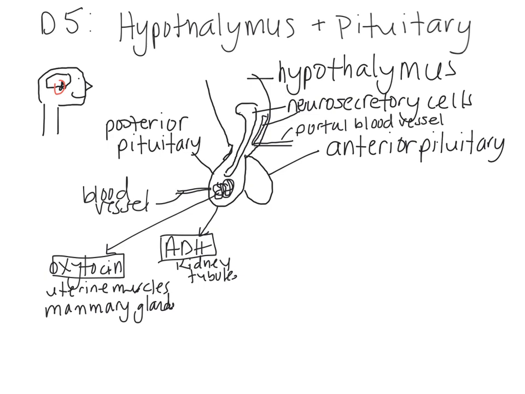This portal blood vessel then shoots over here into the anterior pituitary. The cells of the anterior pituitary interpret those releasing hormones that are released by the neurosecretory cells into the portal blood vessel, and that triggers them to produce their own hormones.